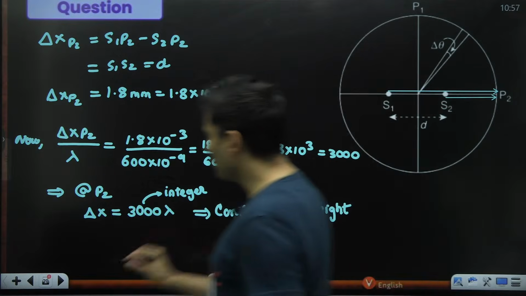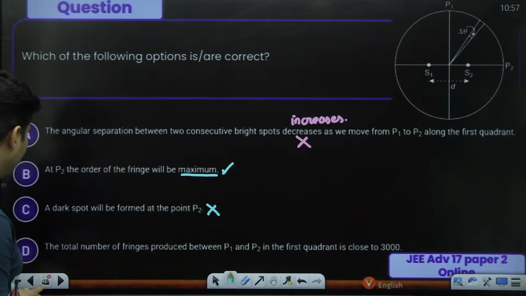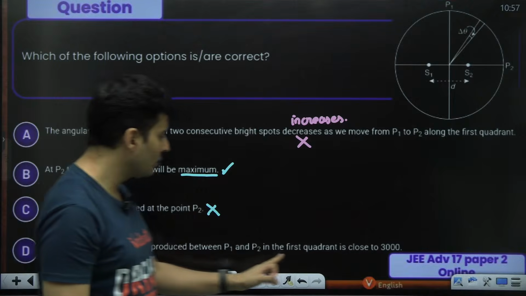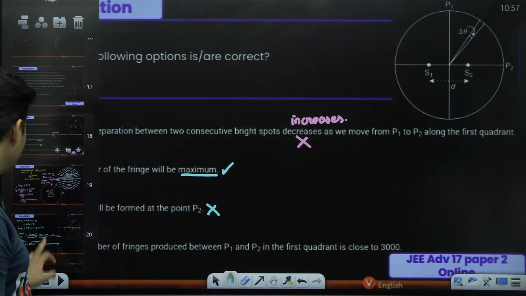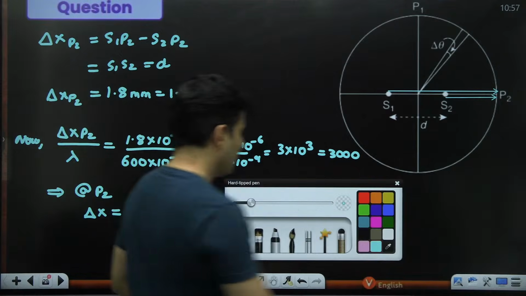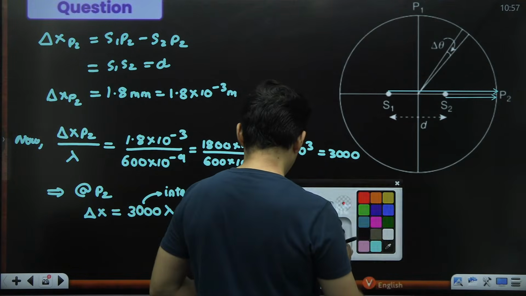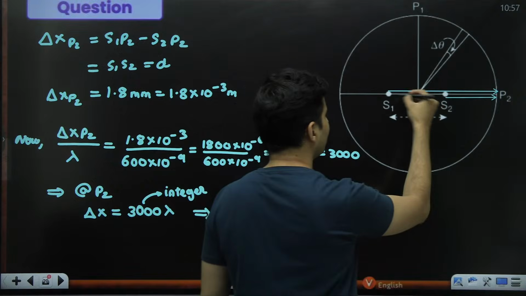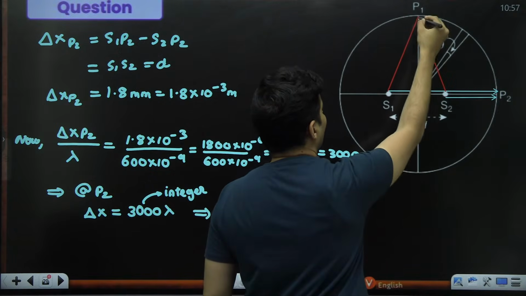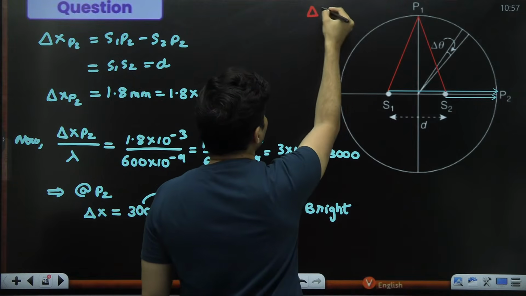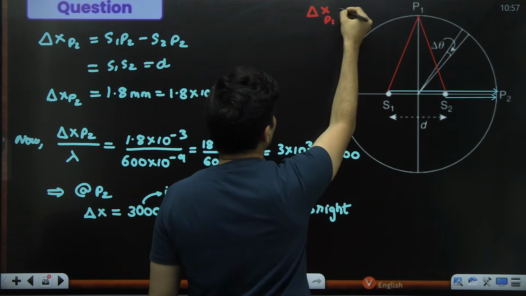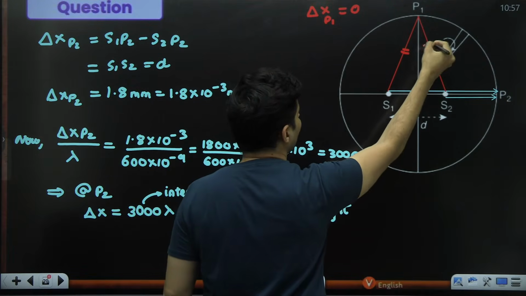Now, I think there is one last option left, which is option D. The total number of fringes produced between P1 and P2 is 3000. That is obvious now. I'll show you over here. When the two rays meet at P1, they both arrive simultaneously. The path difference at P1 will be 0 because this is congruent to this.